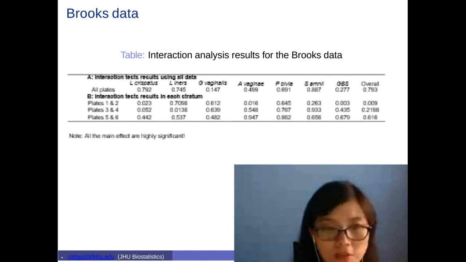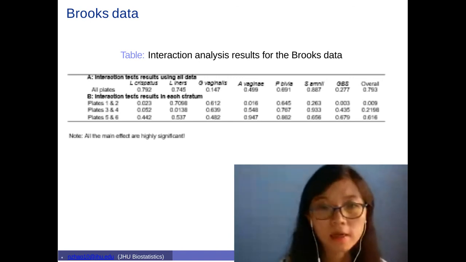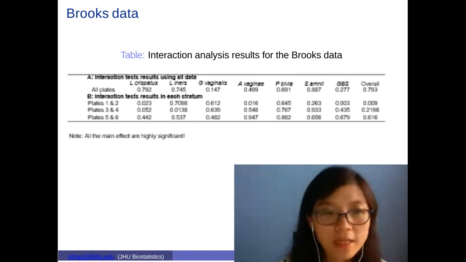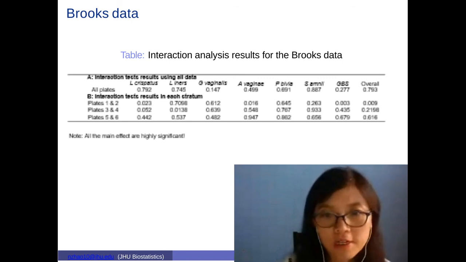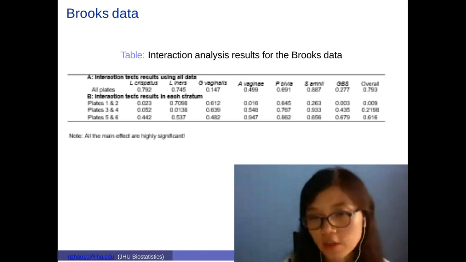When we look at the specific plates, 1 and 2, 3 and 4, 5 and 6, which are the plates of the same type, we sometimes do see significant differences in plates 1 and 2, which are the plates where the main effect differences are the smallest. For plates 3 and 4, 5 and 6, there's generally no significant difference with respect to their bias profiles.